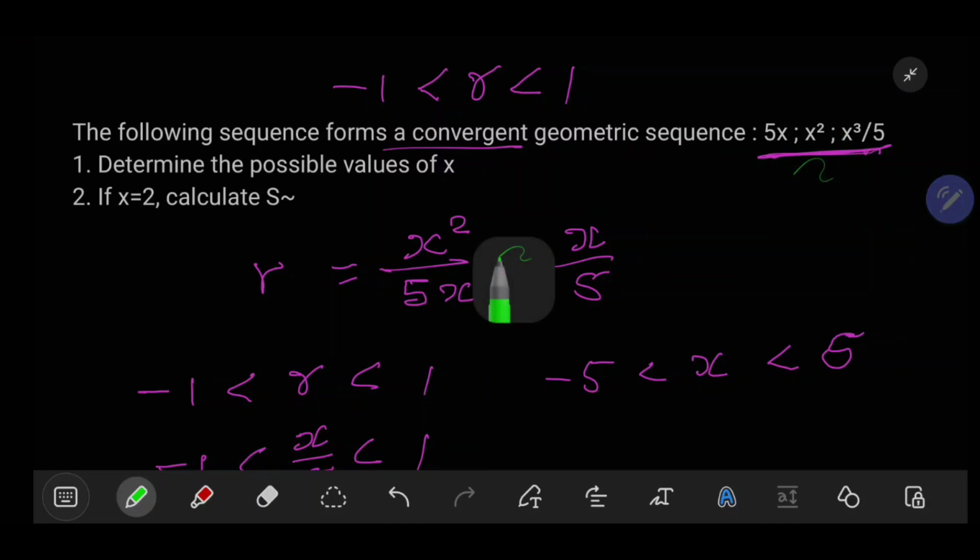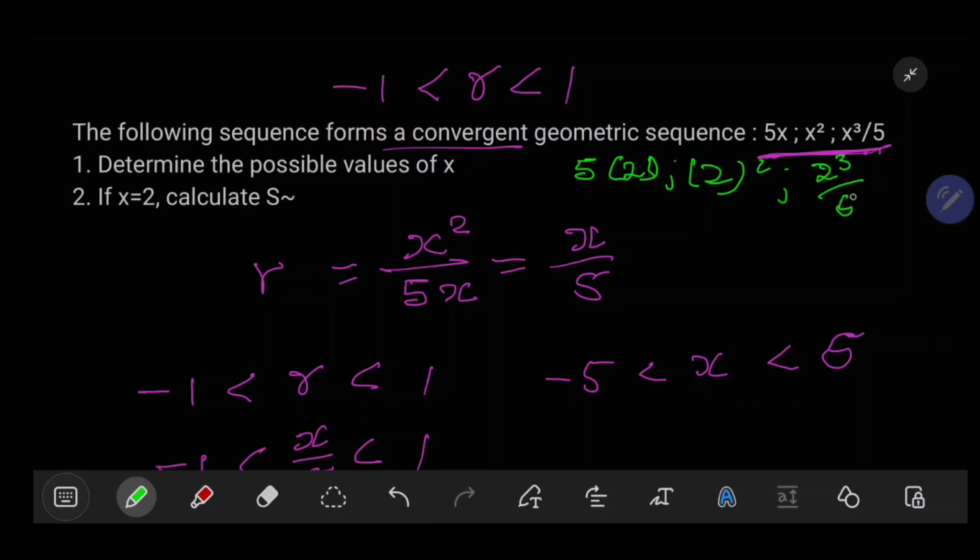When we substitute 2 here, we're going to have 5 into 2, then 2 squared, and then 2 to the power 3 divided by 5. So the first term will be 10, the next one will be 2 squared, which is 4, and this one will be 8 over 5. So these are our first 3 terms of this geometric series.